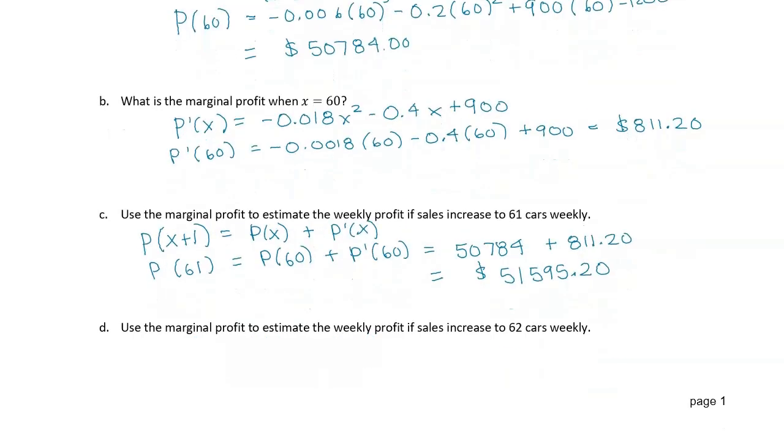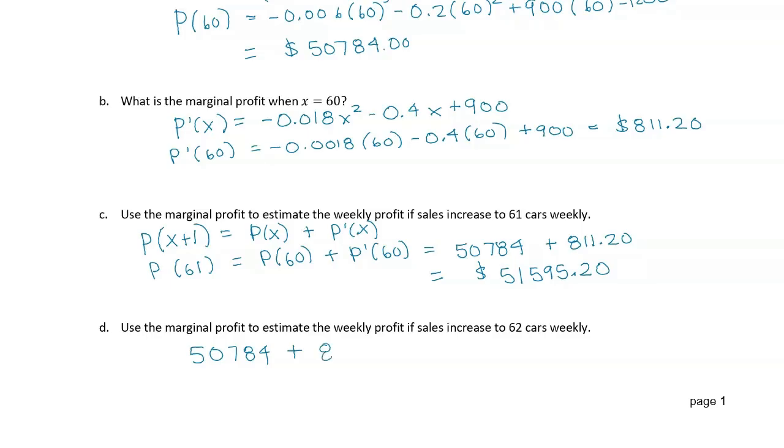The next question says to use the marginal profit to estimate the weekly profit if sales increase to 62 cars per week. We already figured out the profit for 60 cars, and then the rate at which we're selling 60 cars. But now we want to see what the profit might be at 62 cars.